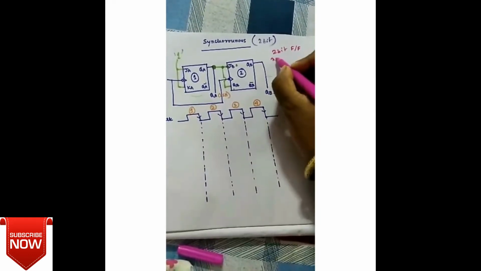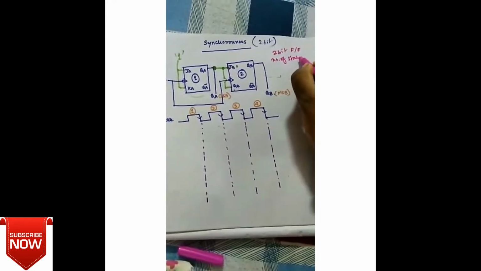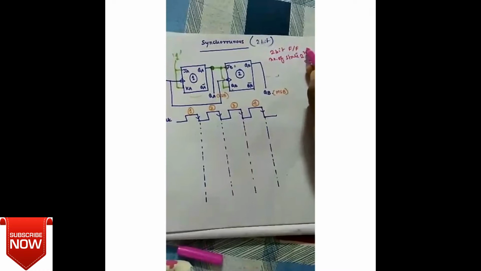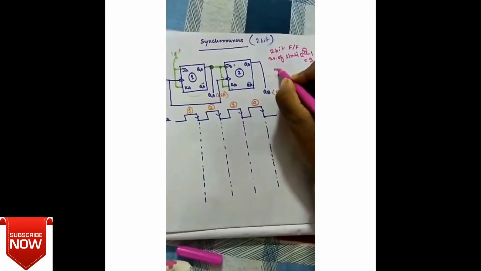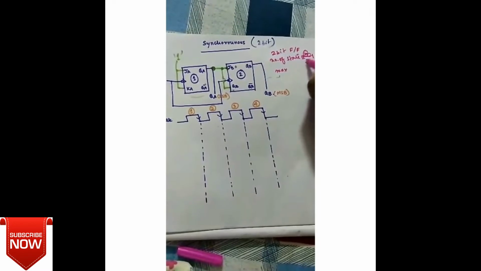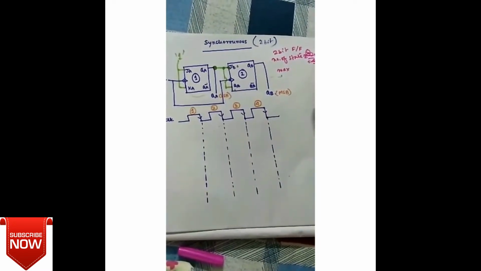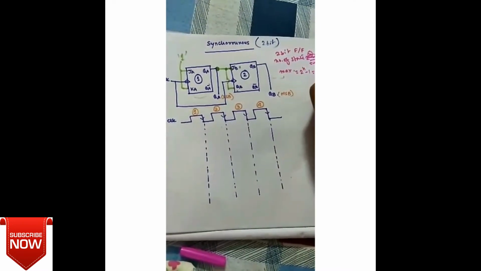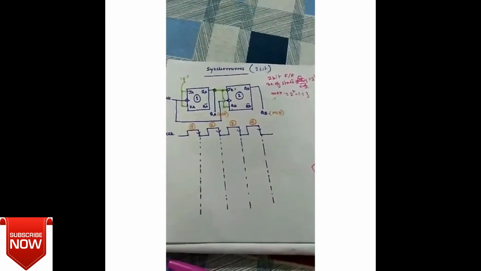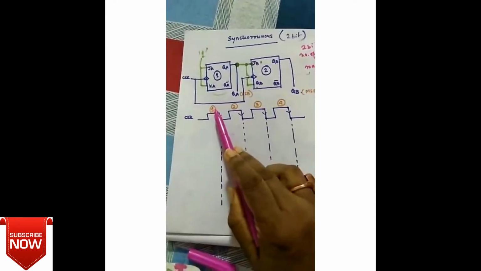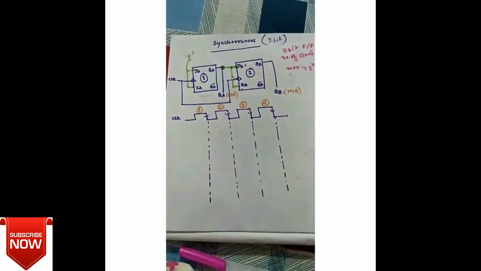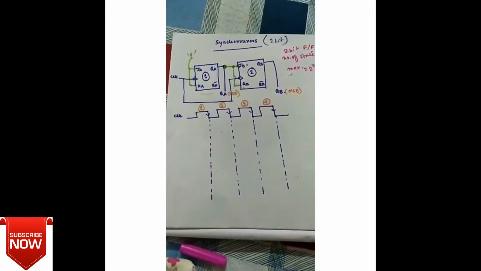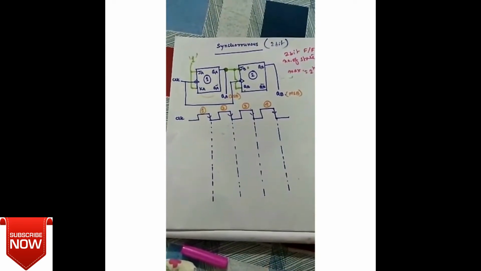Number of state will be 2 to the power n, that means 4, where n is the number of bits, and maximum count is equal to 2 to the power n minus 1, which is equal to 3. Number of state 4 means 1, 2, 3, 4. This is the number of states, and in each state we are getting a particular output. It can be 00, 01, 10, 11, etc.